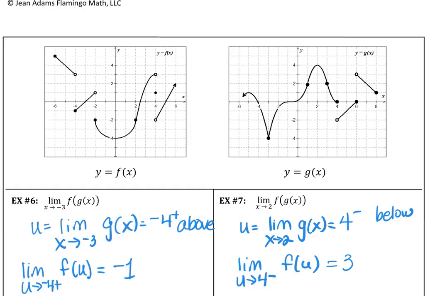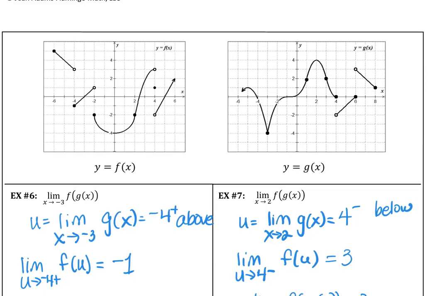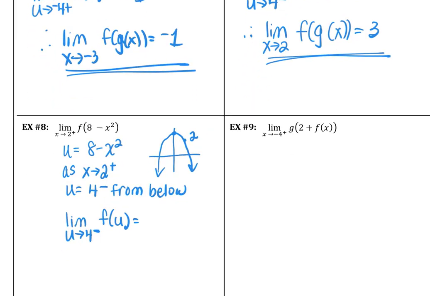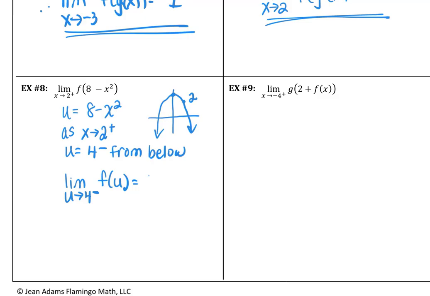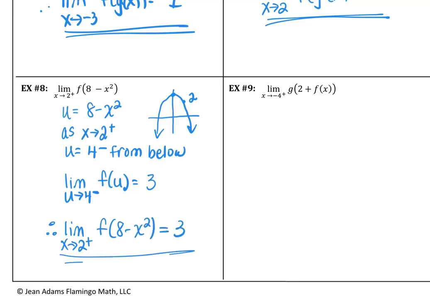Our y value is approaching 3. So the limit is 3 in that case. That tells us, therefore, the general limit as x approaches 2 from the right of f of 8 minus x squared will be 3.